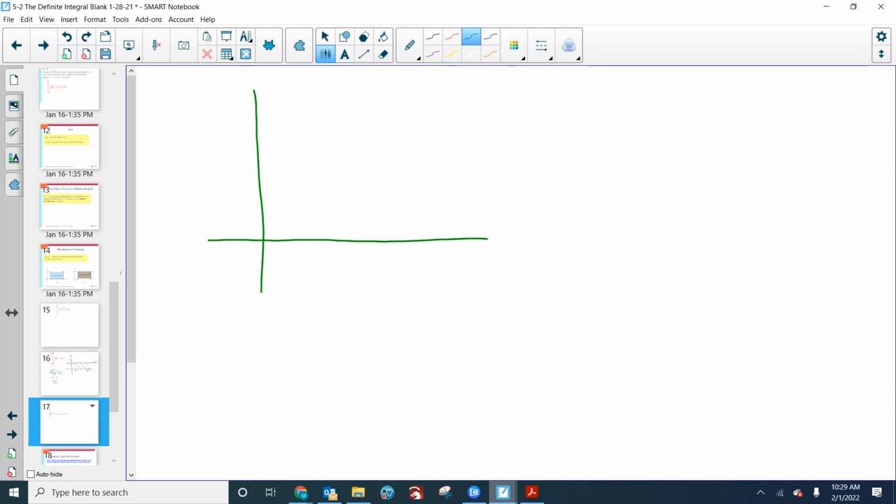It was the square root of 9 minus x squared. What's the radius? Good. 3. Can you guys recognize that's a circle? Semicircle? It's not plus or minus, so it's just the top half.